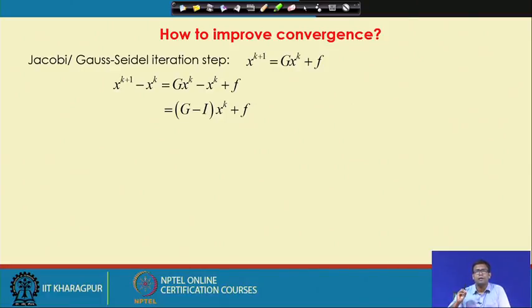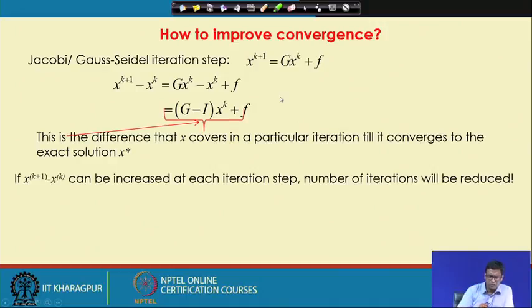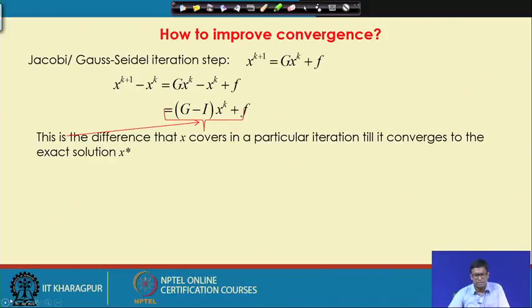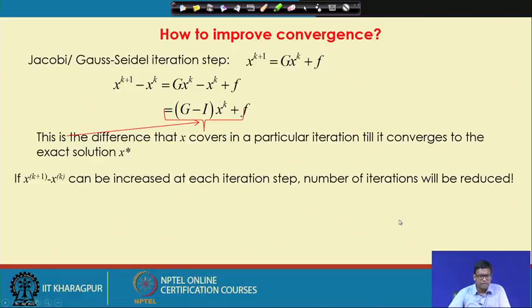If we can increase this, or scale this, this is the difference that x covers in a particular iteration till it converges to the exact solution. If x k plus 1 minus x k can be increased at each iteration step, the number of iterations will be reduced. This goes through a very simple linear logic. If we can increase this value, then x k plus 1 will be further updated.